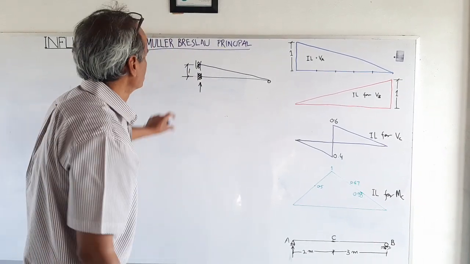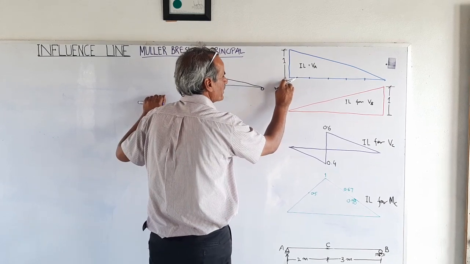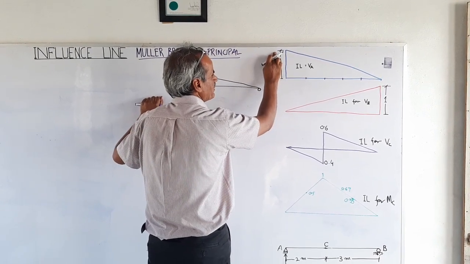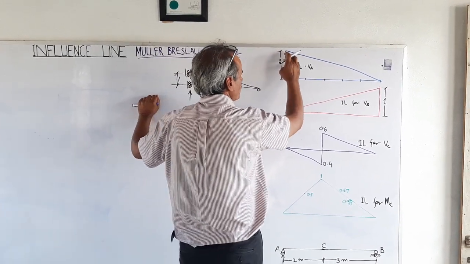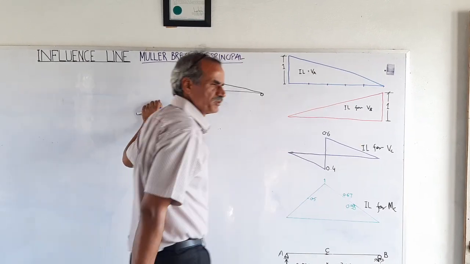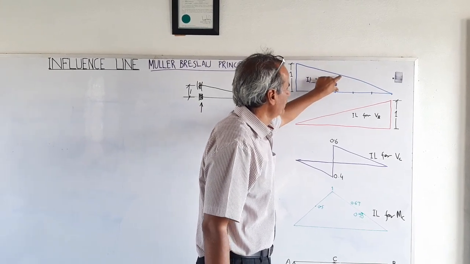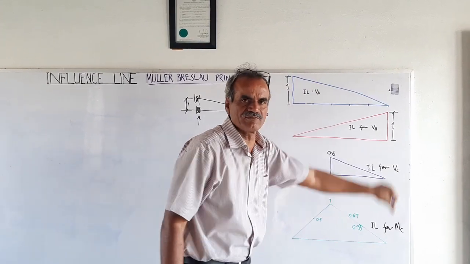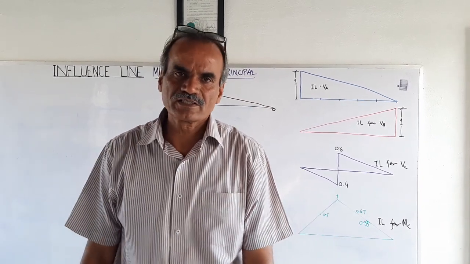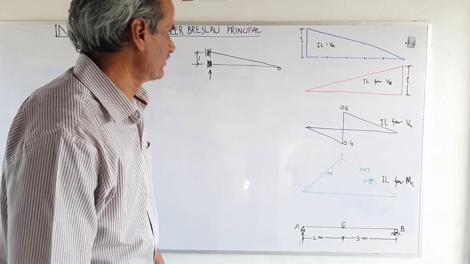Now over here its value is unit, and this unit value has been joined with a straight line to the other support, and all the ordinates within this diagram give us the ordinates, the values, of the influence line.